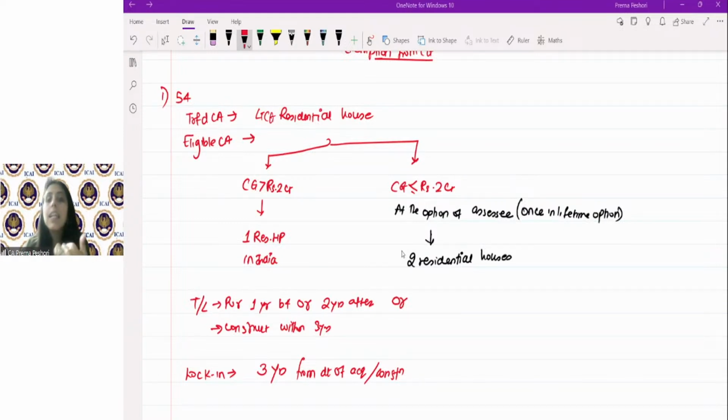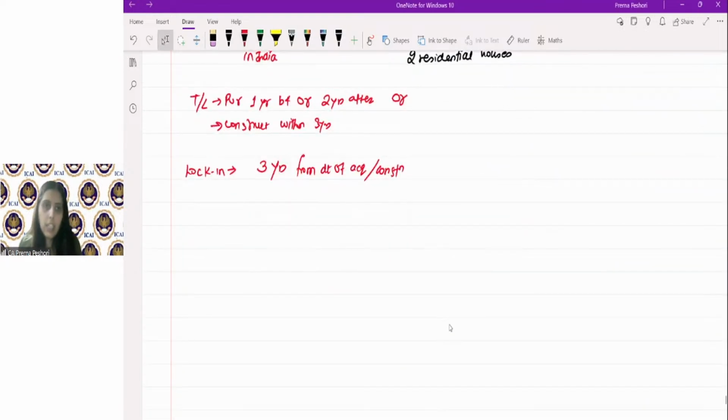Then I sell the new house in less than 3 years for 5 CR. So let's say my long-term capital gain is 2 CR.